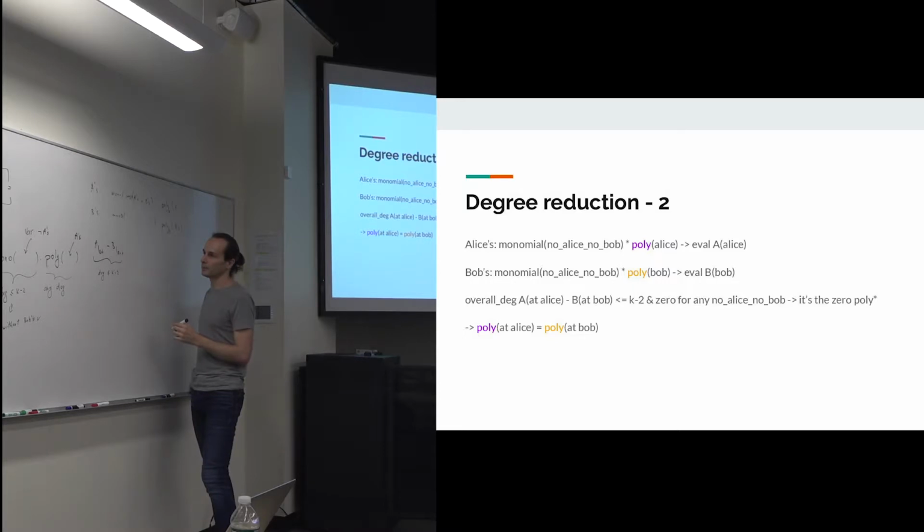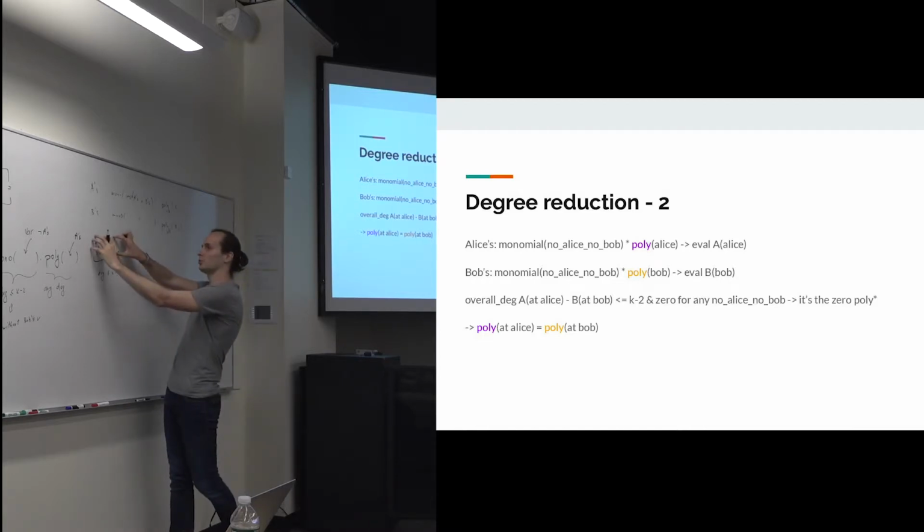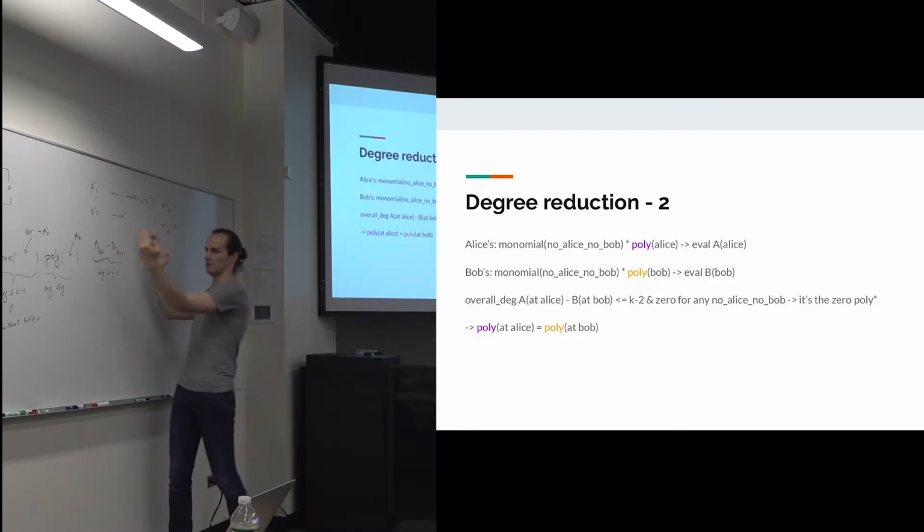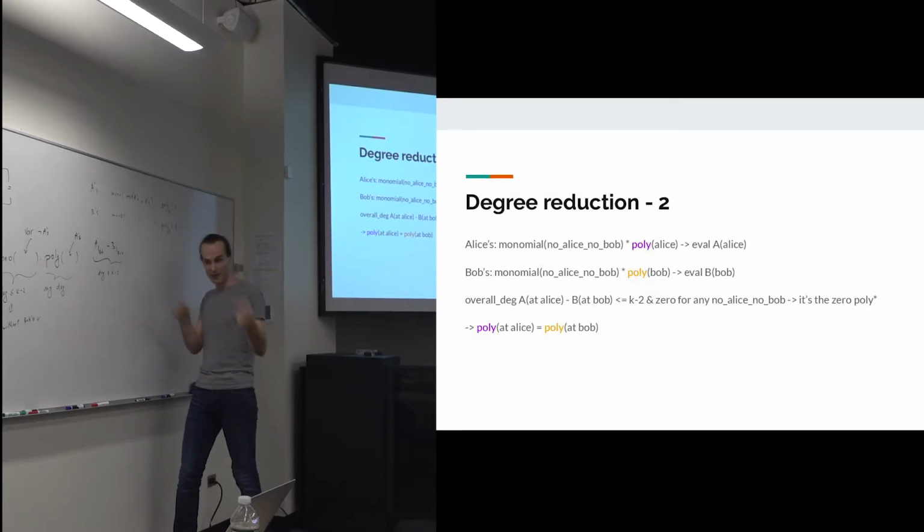And so remember now, these are the two views of Alice's and Bob's. And this is completely independent from all their variables. So this must be 0.